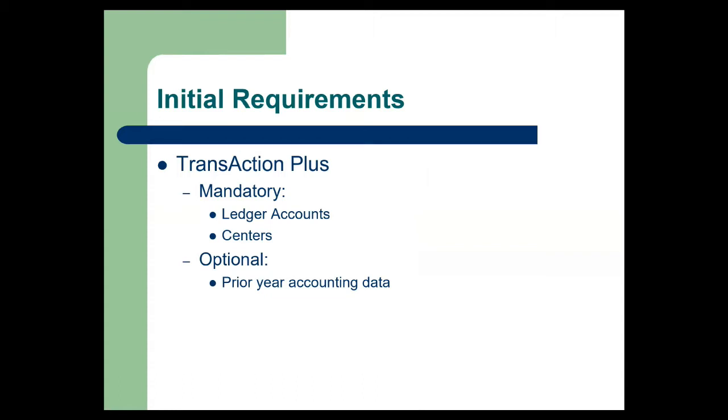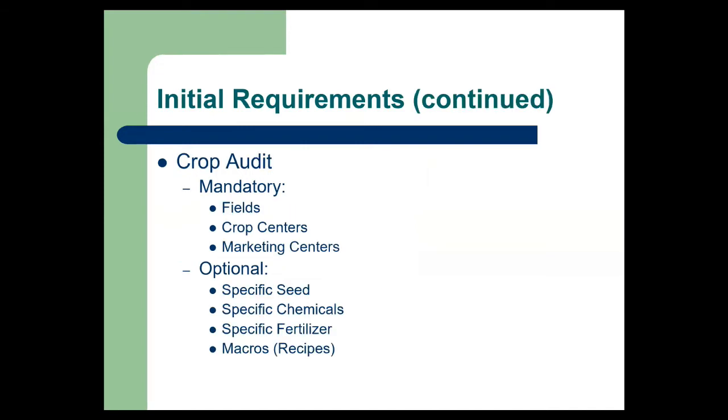So we start off with having Transaction Plus set up. If you've got crop audit, it requires you having fields and crop centers set up, and this will do that. You have an option of doing specific seeds, chemical, fertilizer, whatever on your list.